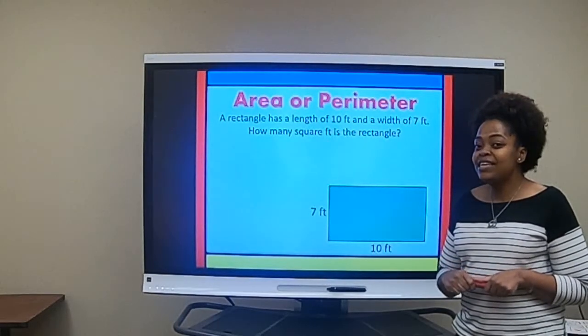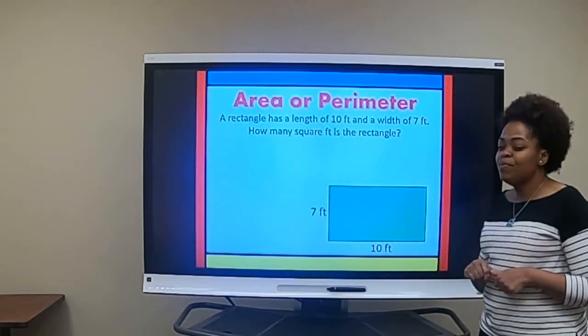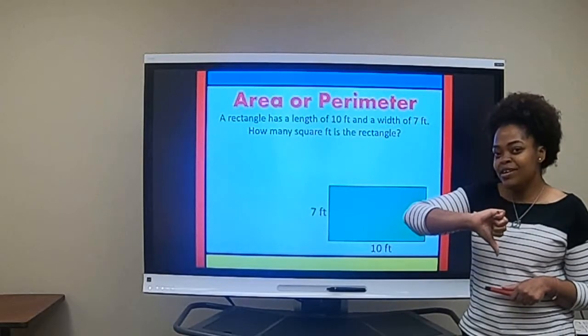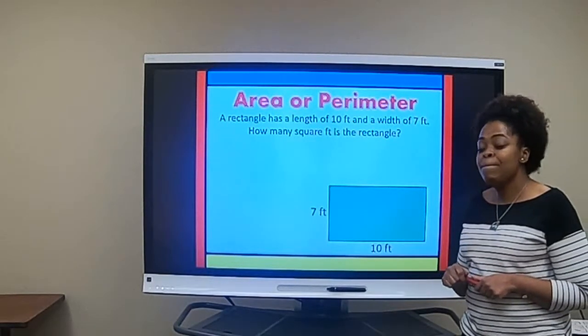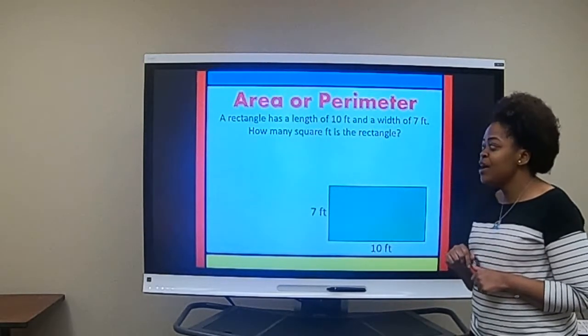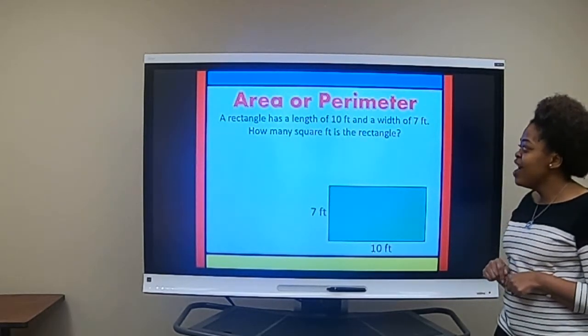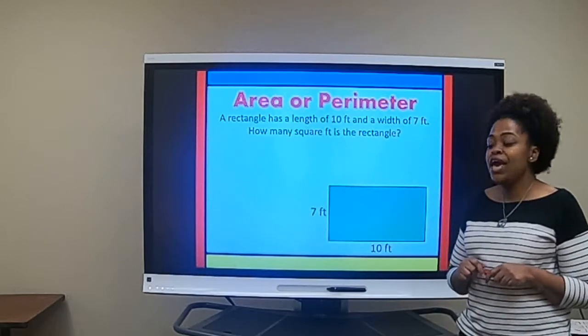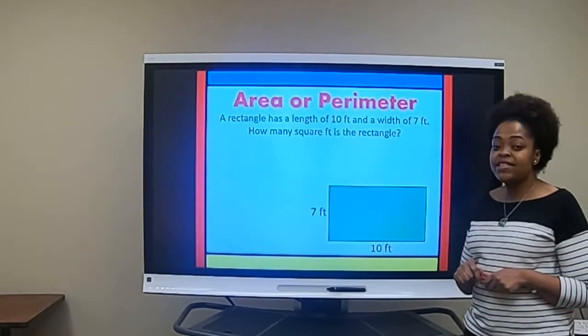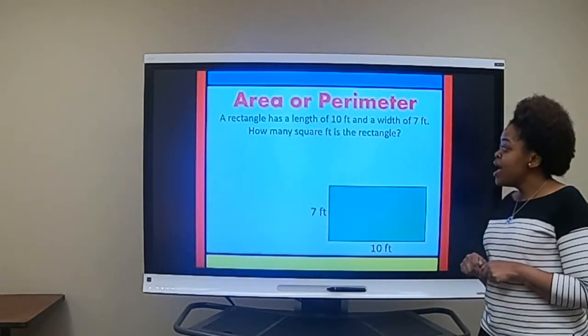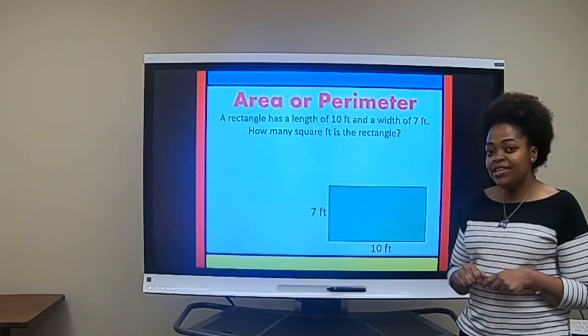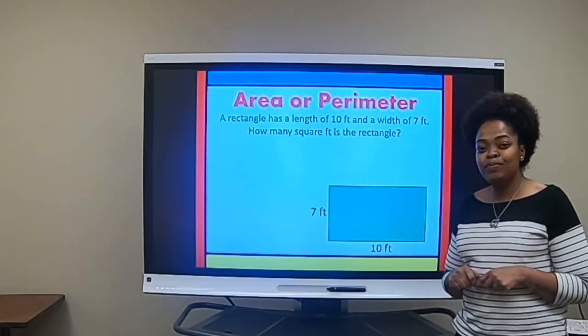But if you think it is a perimeter word problem, give me a thumbs down. Make sure you listen for those key terms. A rectangle has a length of 10 feet and a width of 7 feet. How many square feet is the rectangle?